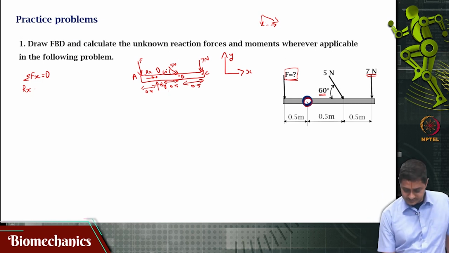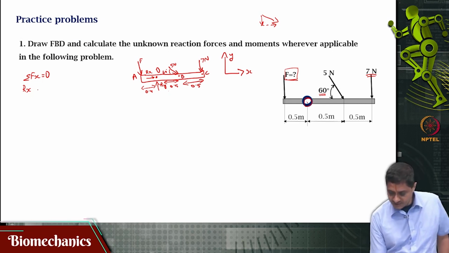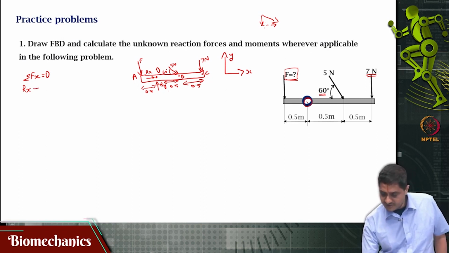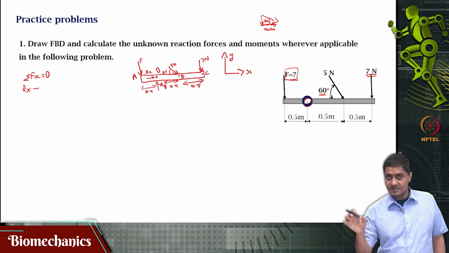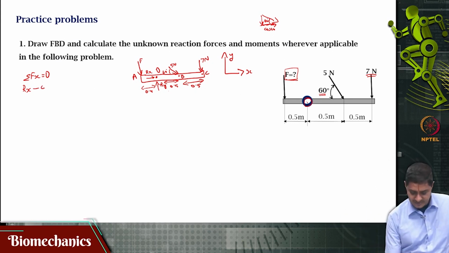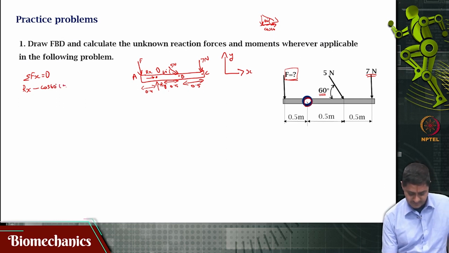So, I will write this as Rx minus 5 times cos 60, is it not? This angle is 60 degrees, so this distance then is cosine of 60, cos 60 times 5. But will it be negative?